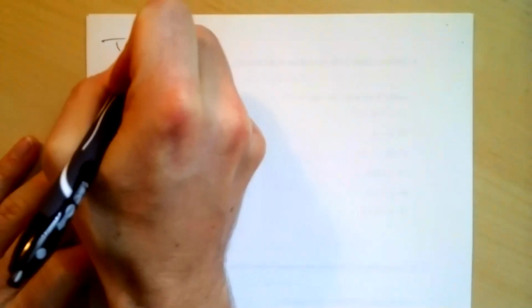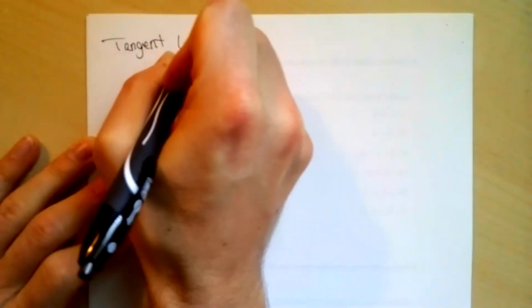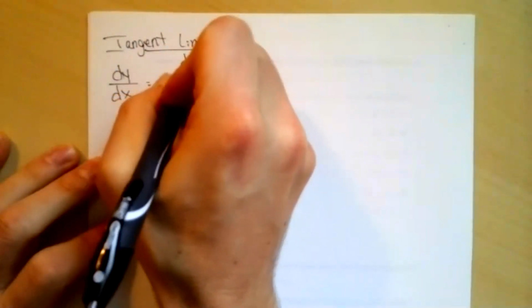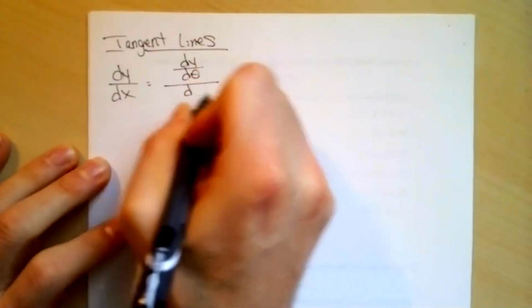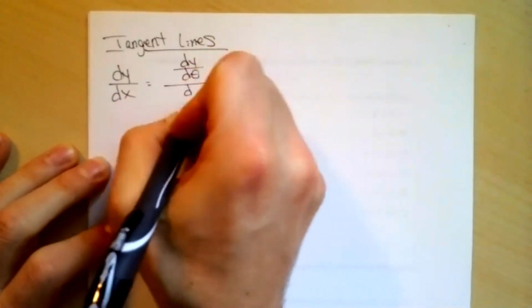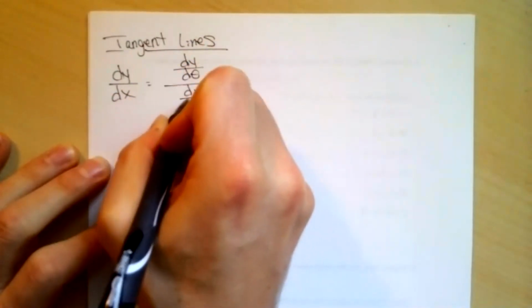So tangent lines. If we want to find dy dx, we want to use the same chain rule that we were using with parametric curves.